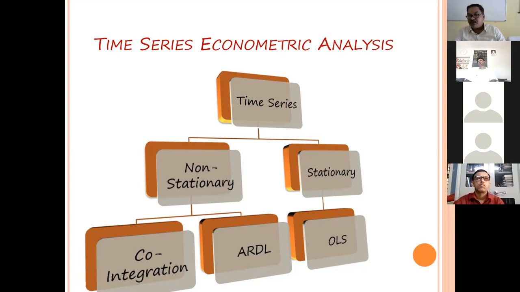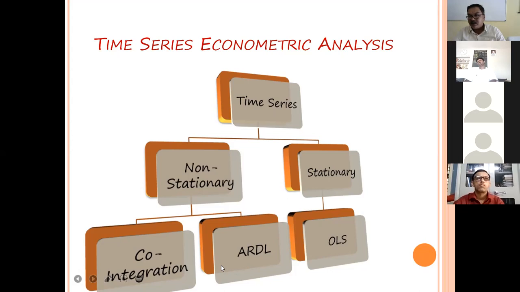You can go for estimating the impact, and you can use the OLS method, ordinary least square method. If your data is non-stationary, then you cannot use that data for the analysis. There you can go for non-stationary kinds of analysis like co-integration analysis and the ARDL analysis.